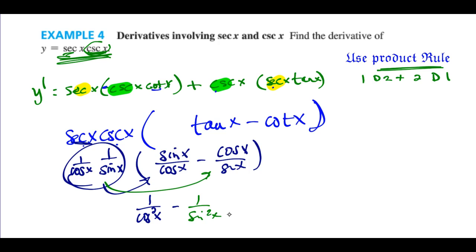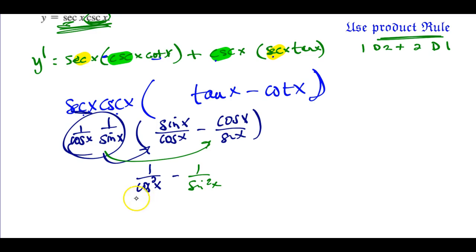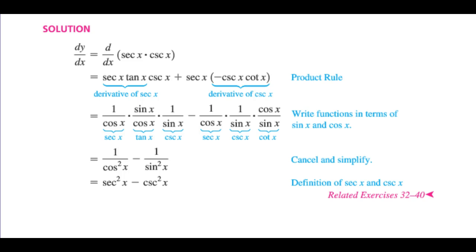I think that looks more simplified. Well, yeah, because 1 over cosine squared is secant squared x, minus cosecant squared. I wonder what the author did. This certainly looks pretty good. Yep, secant squared minus cosecant squared.